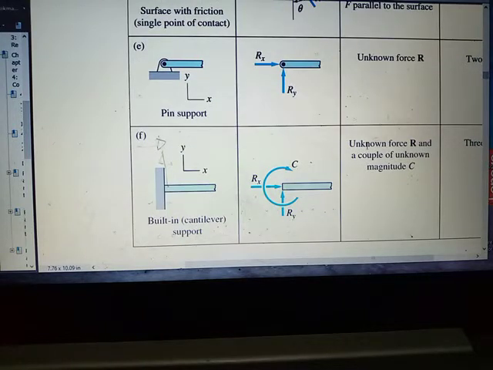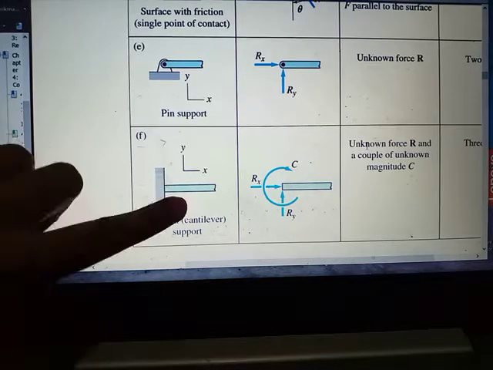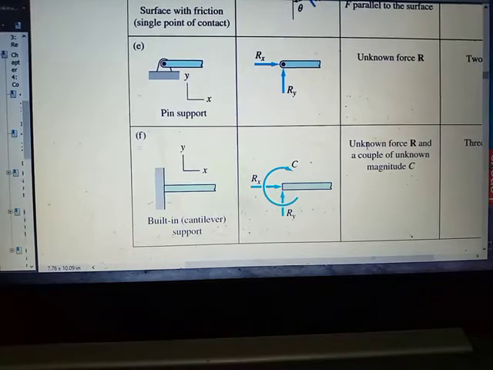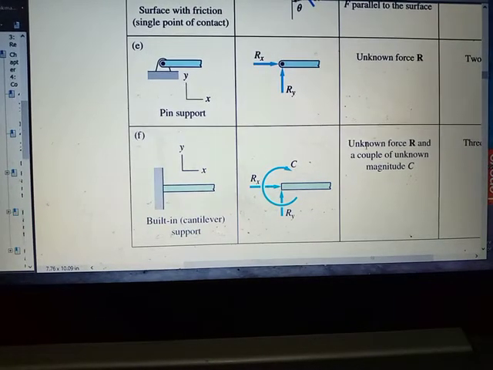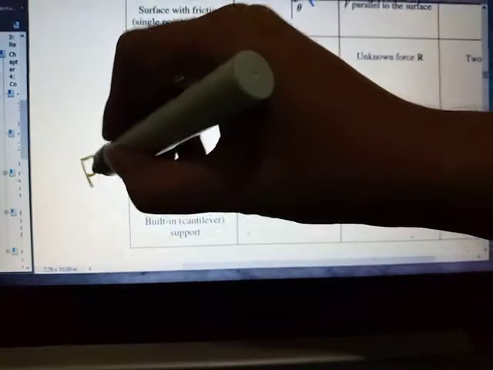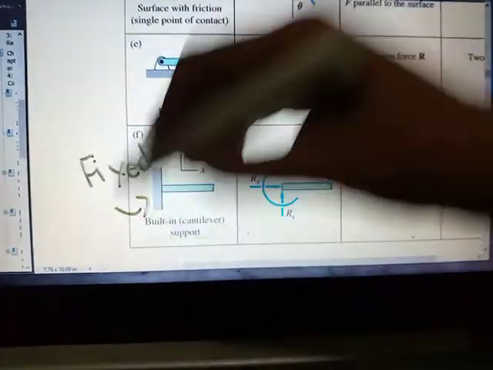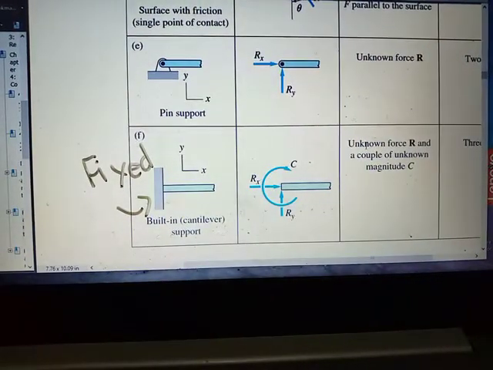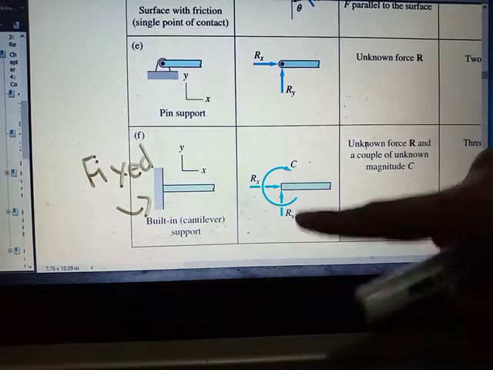Here is another support: the built-in cantilever support. When we say cantilever, you have a side that is fixed. On this side, you have a fixed support. So in a cantilever support, you have a fixed support at the edge. That means you have C, RY and RX.